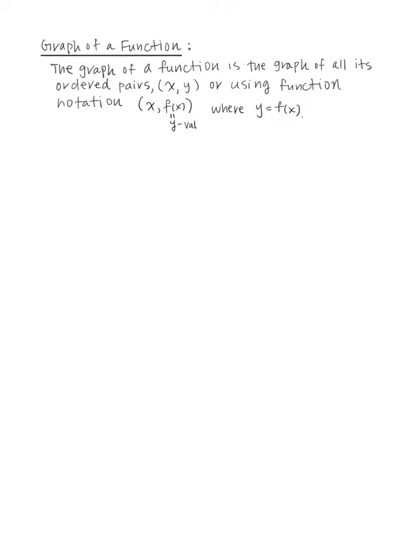Our next topic is to talk about the graph of a function. So the graph of a function is the graph of all its ordered pairs x, comma y, or using function notation x, comma f of x, where y equals f of x. So here, our f is the name of the function.